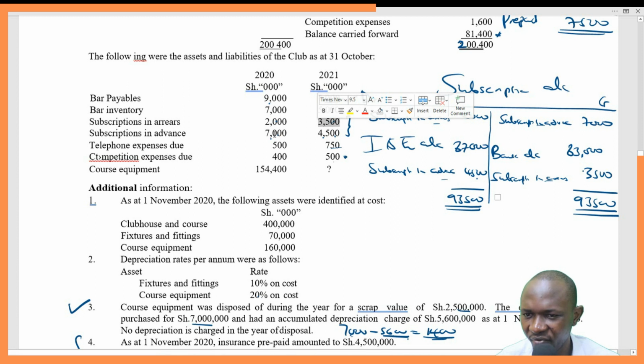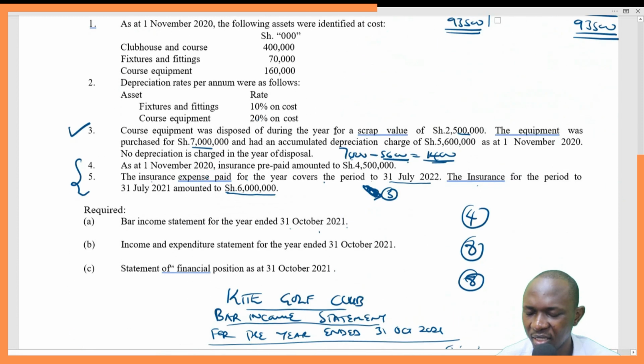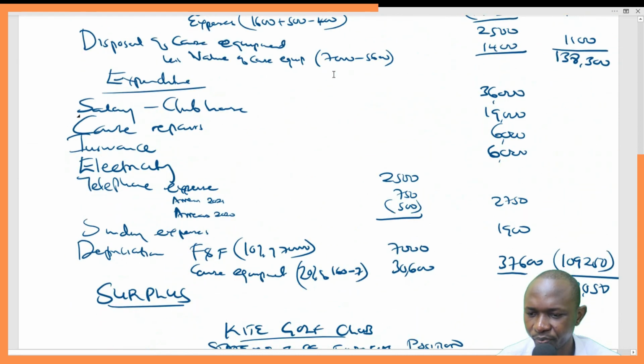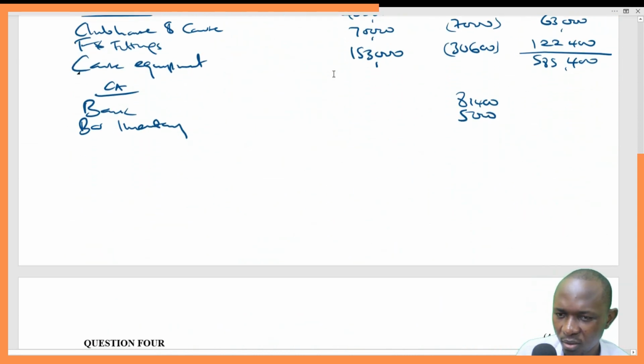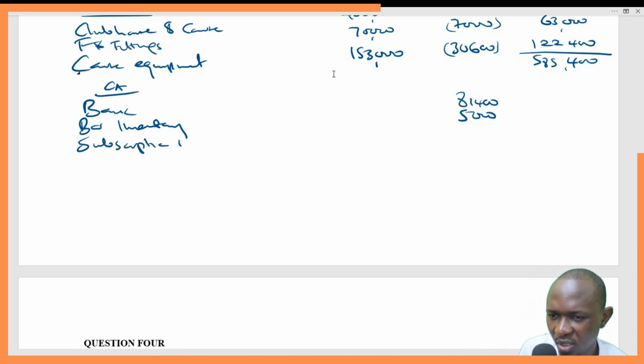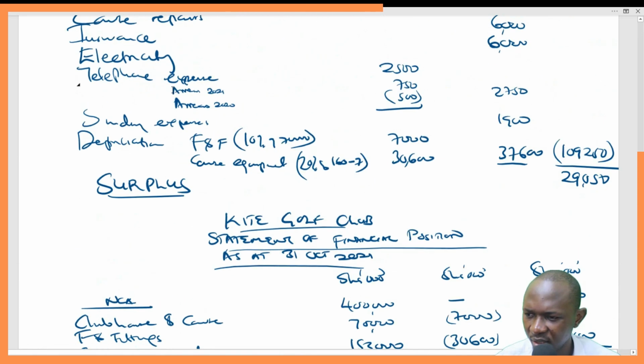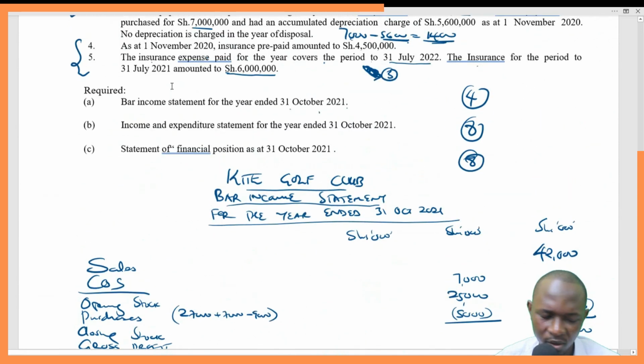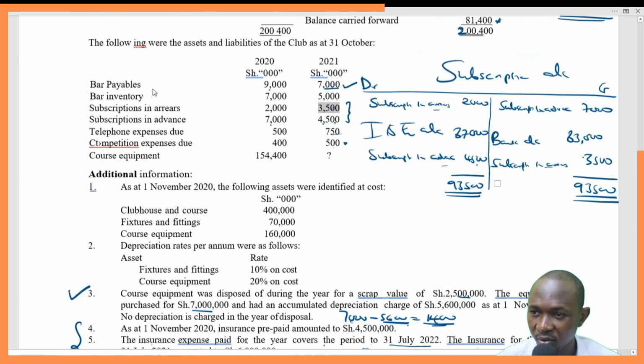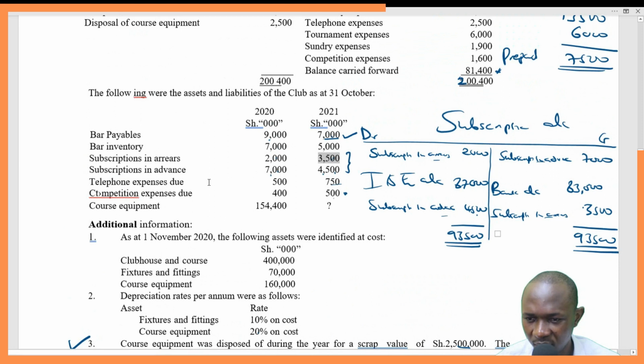Subscription in arrears 3,500. What else?